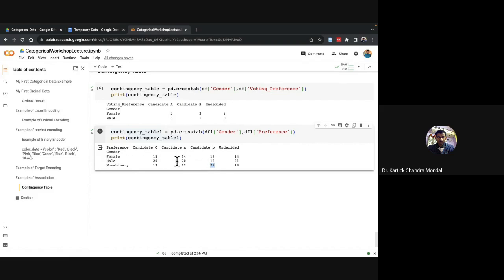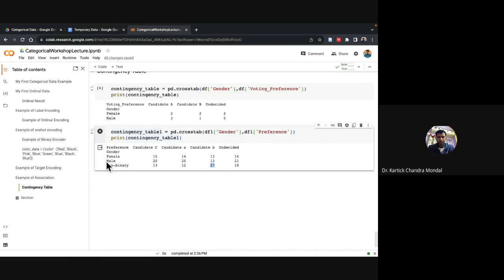But candidate A got the highest vote from male voters. Candidate C got the highest vote from male voters. And also for undecided, the male voters kept undecided in the largest number.